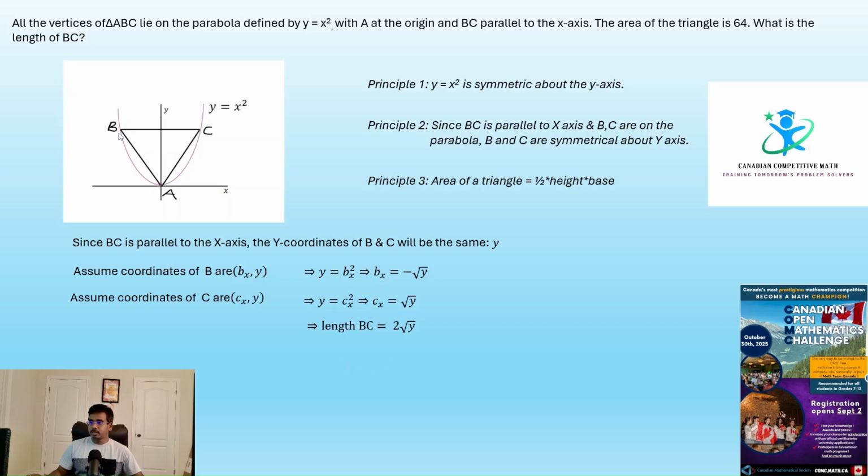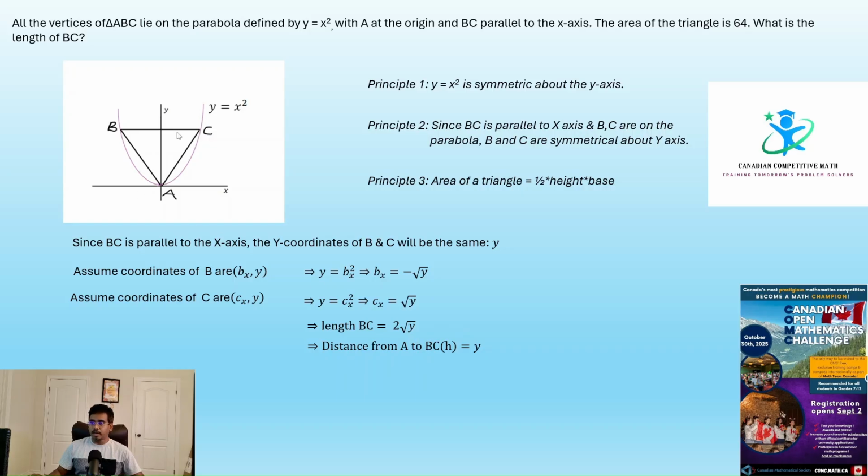Since BC is parallel to the x-axis and y coordinates of B and C are the same, we can obtain the length of BC as 2 times square root of y. Now we know the base of this triangle, BC, is 2 times square root of y.